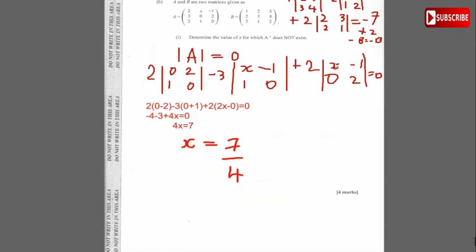Just checking to make sure this is right. 2x, this is 4x. This is minus 1 is plus 1. Minus 3. This part is definitely minus 3. And this times this is 0. 0 minus 2.